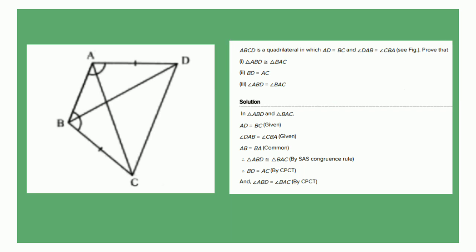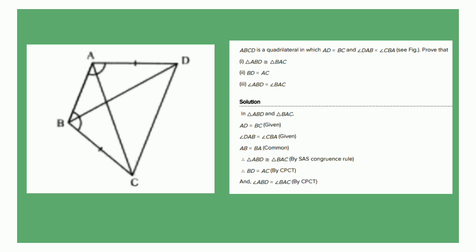The next problem, ABCD is a quadrilateral in which AD equal to BC and angle DAB equal to angle CBA. Prove that sub-question A, triangle ABD congruent to triangle BAC. Sub-question B, BD equal to AC, and sub-question C, angle ABD is equal to angle BAC. Then consider the triangle ABD and triangle BAC.